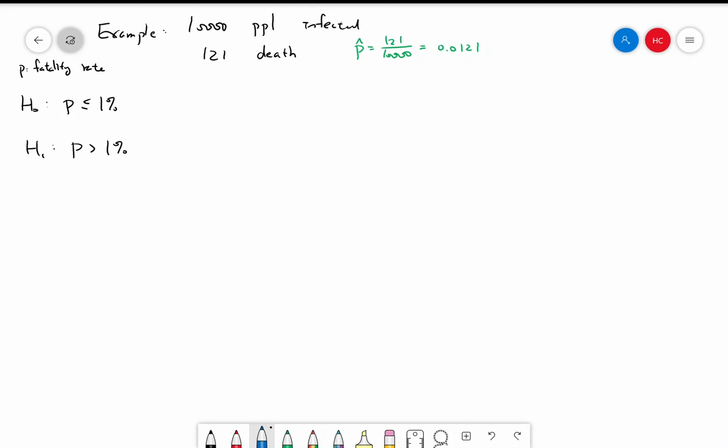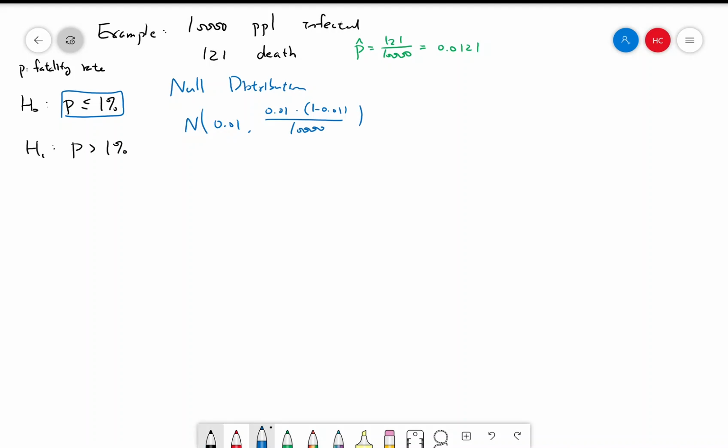Okay, so we can take our null hypothesis and draw our null distribution. So the mean is 0.01 and the variance is 0.01 times 1 minus 0.01 divided by the sample size, which is 10,000.